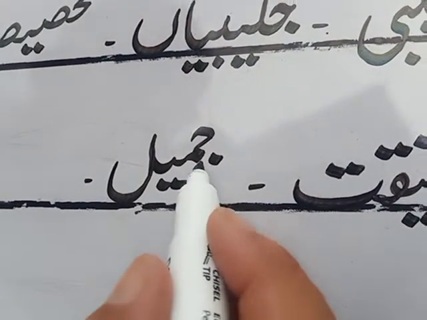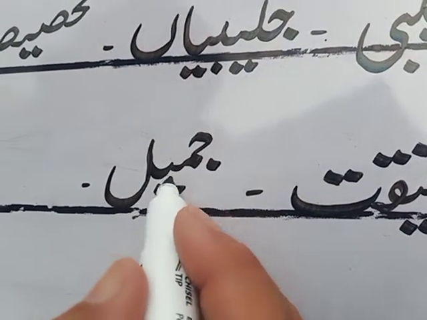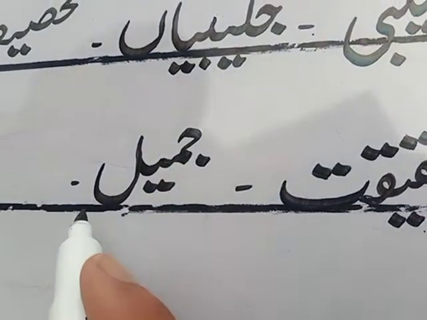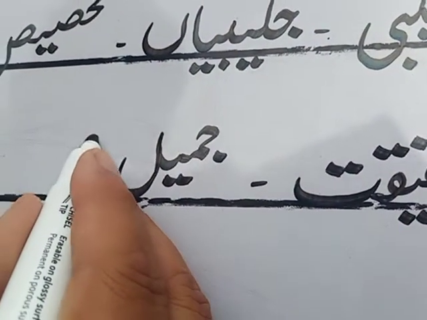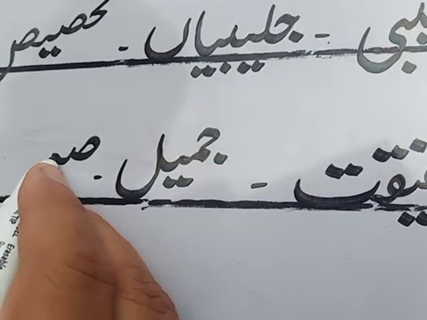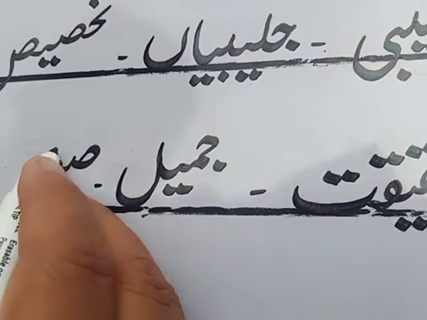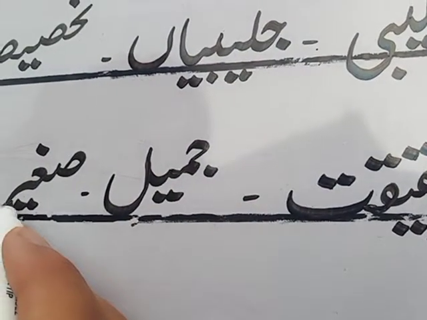I am writing Jamil. It has only one dandana. Sabir. It has no shosha.